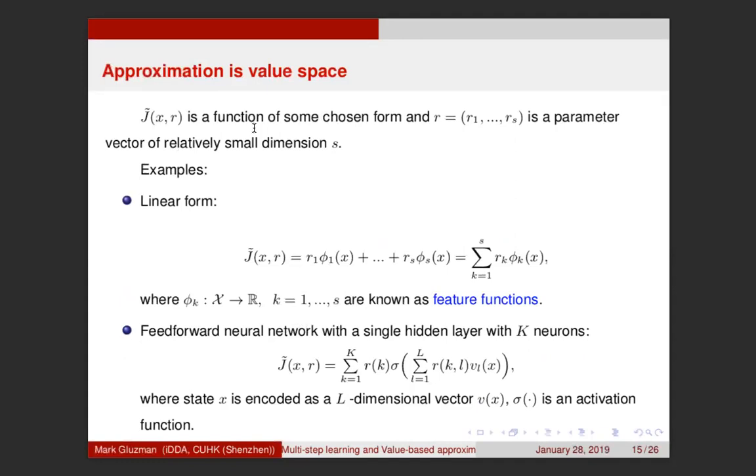So x is encoded as an l-dimensional vector v x. If we consider a neural network as an approximation for the value function, we can also think about this estimation as something that depends on the current state and on parameters r. Questions? No? Okay.